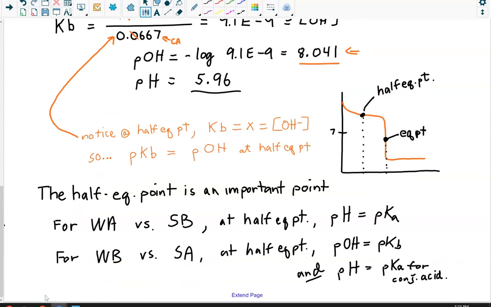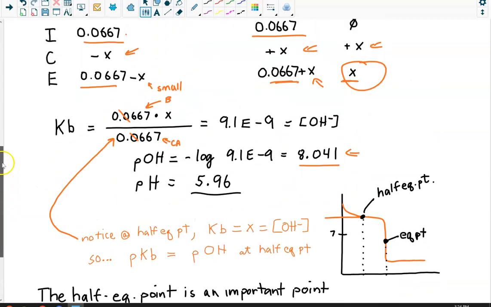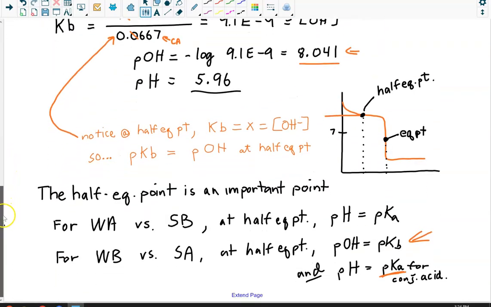So this half equivalence point is an important point. For weak acids versus strong base at the half equivalence point, the pH equals the pKa. For weak base versus strong acid at the half equivalence point, the pOH equals the pKb, and the pH here would be the pKa for the conjugate acid, in this case, the NH3OH plus.